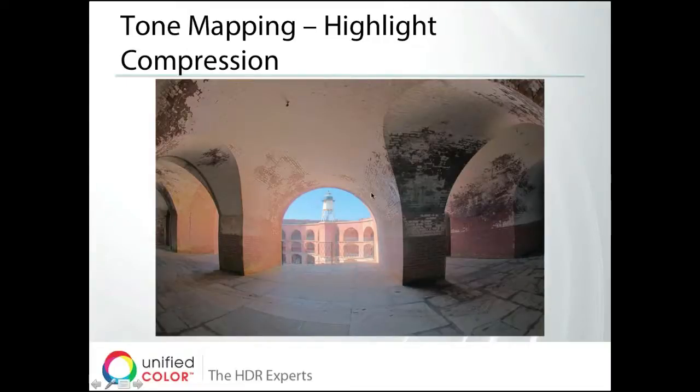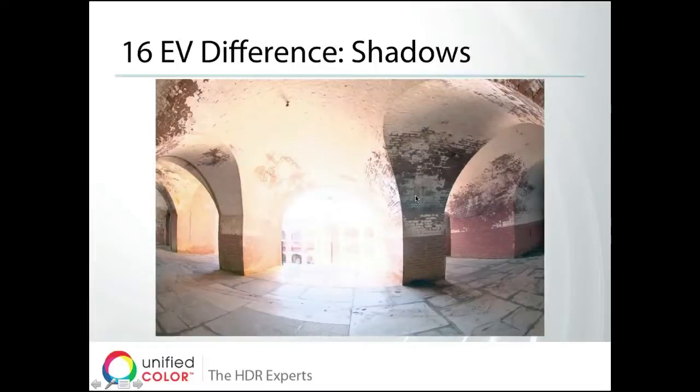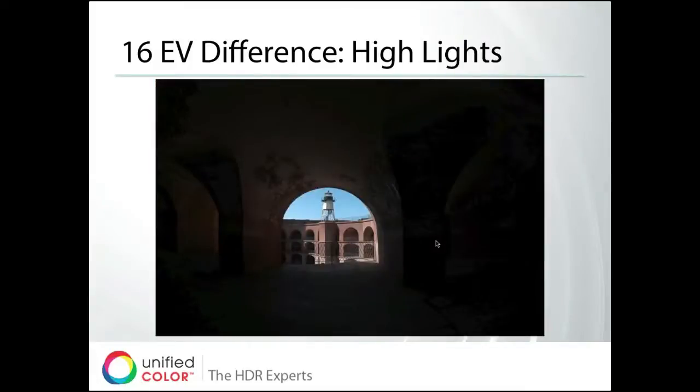You can see that here on this particular shot. This is the exposure difference in this scene. This is over 16 stops of dynamic range. You can see the shadow detail here in this treatment. Now the highlight detail is out here in this treatment. So this is all from the same image.